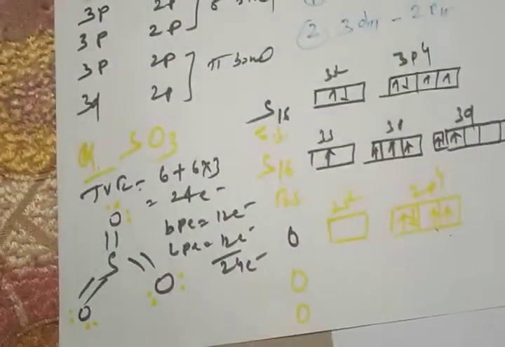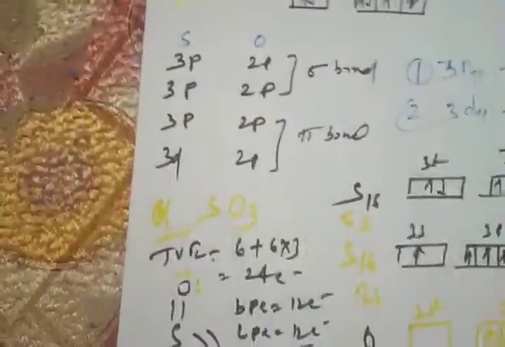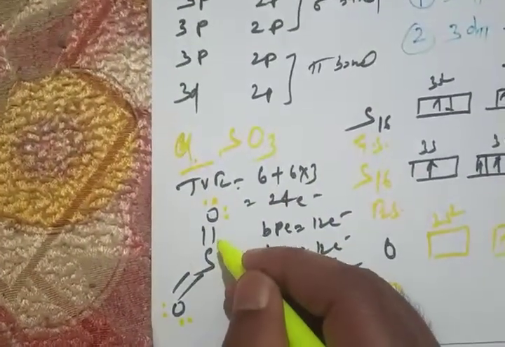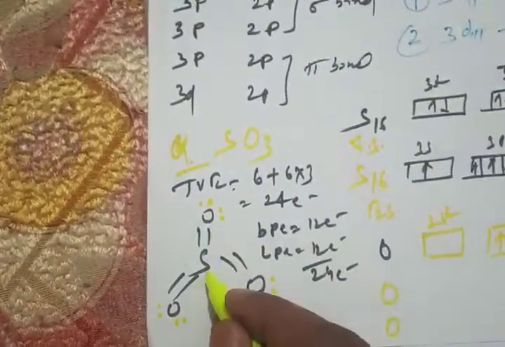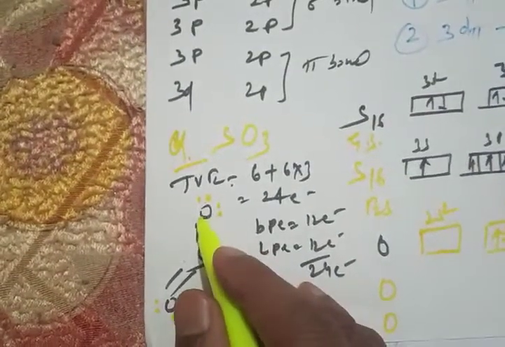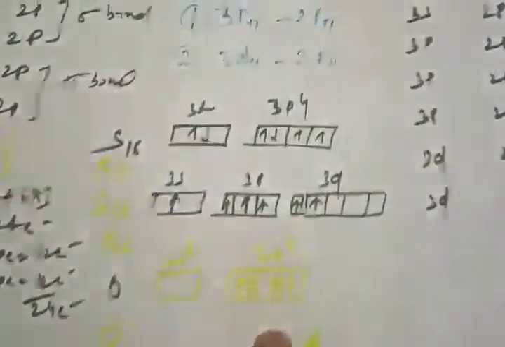Here you can write: this is a p pi, so this will be p pi d pi, and this will be p pi d pi. One is p pi p pi and 2 are p pi d pi. So this is how you'll answer the question.